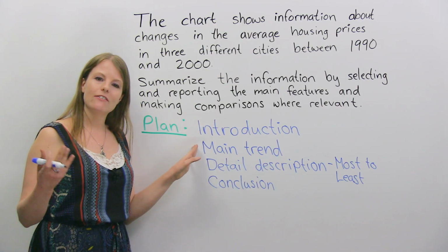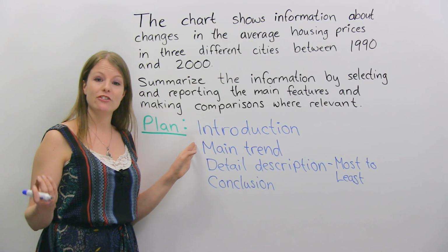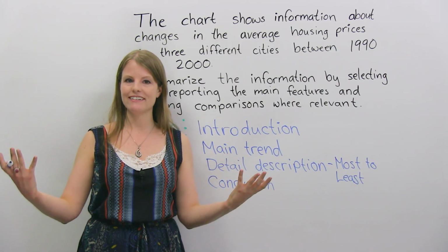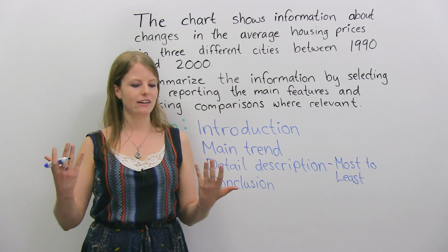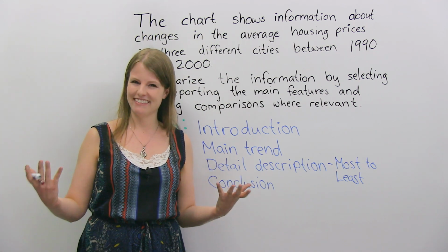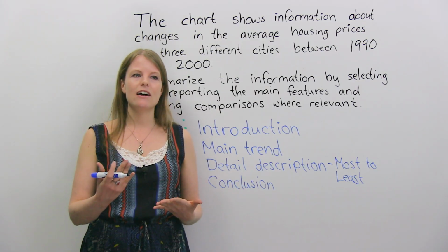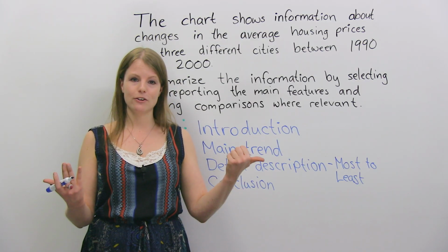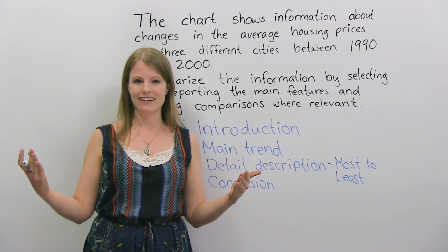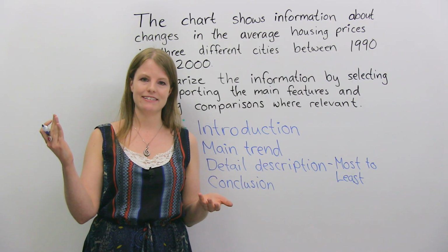The next thing you should do, after your introduction of about 2 sentences, is give a sentence or 2 about the main trend you see. The main trend is the most important thing you see, the biggest thing. In this case, we looked at housing prices of Vancouver, Toronto, and Montreal. One very big trend is that everything increased.